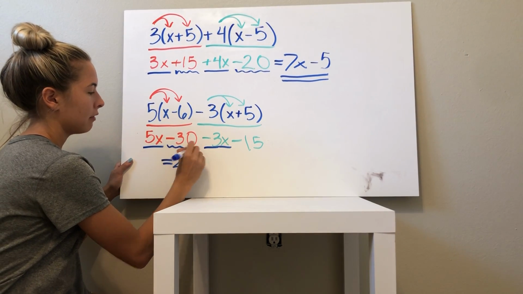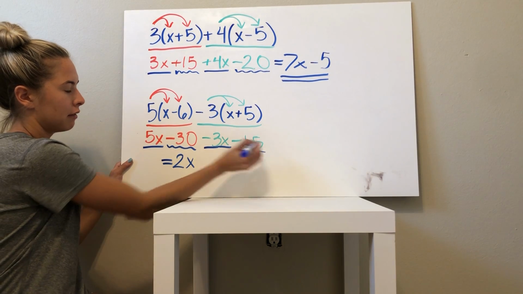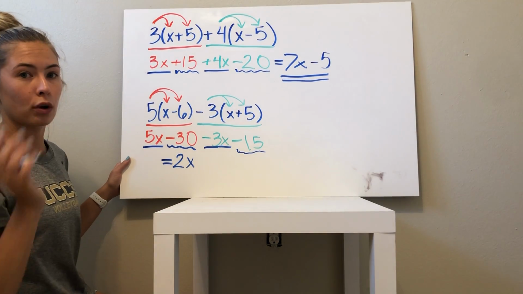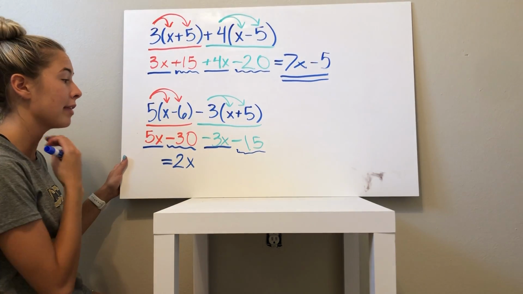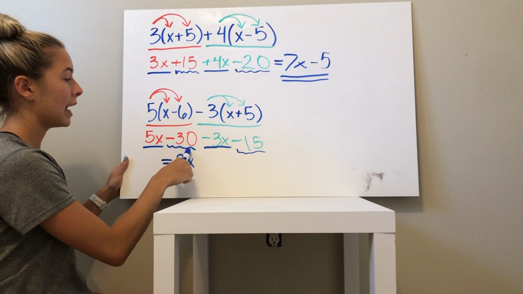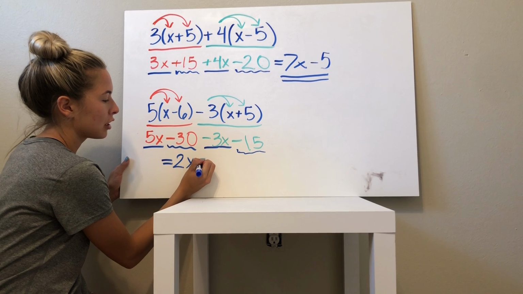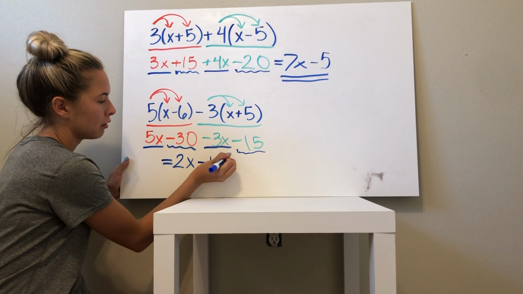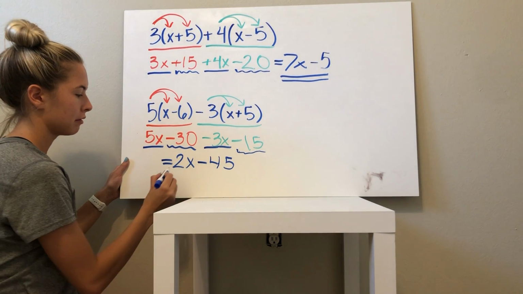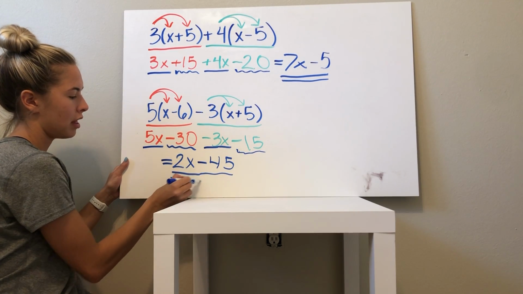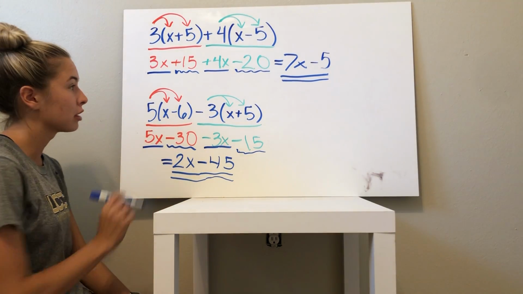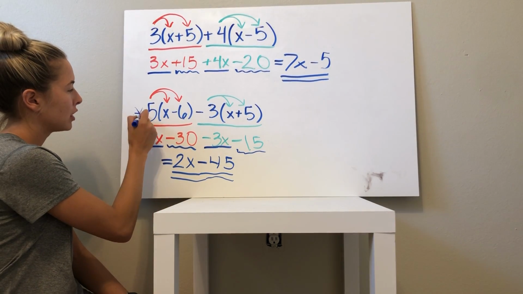And then we have a negative 30 term and a negative 15 term. Those don't have variables, so again, we can combine them. So we have a negative 30 minus 15, which is actually a negative 45. So this is our simplified expression for when we started up here.